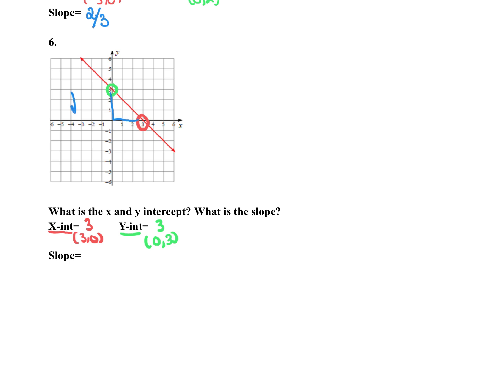And I'm going down, so my rise is going to be a negative, and it's -1, 2, 3. And then my run, I go over 1, 2, 3, but to the positive. So my slope is my rise over my run. So my -3 divided by 3, which when you put in the calculator will come out to be a -1.